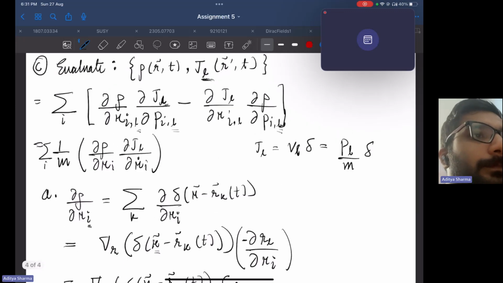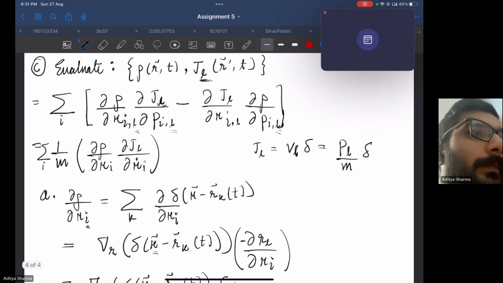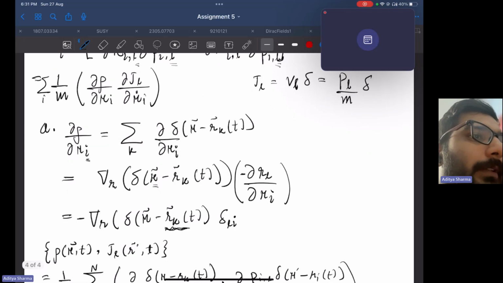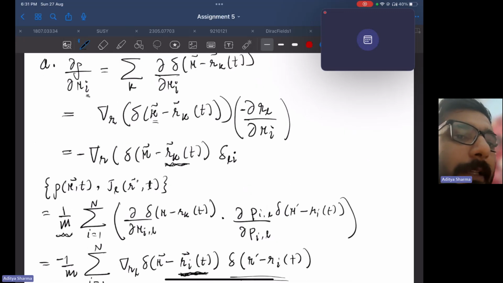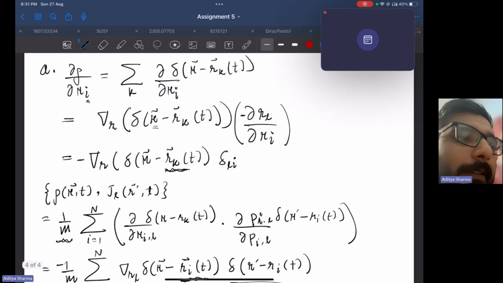So yeah, we have in that thing PL Dirac delta, and we've added this I just to make it consistent with this index, which is the Dirac delta index.